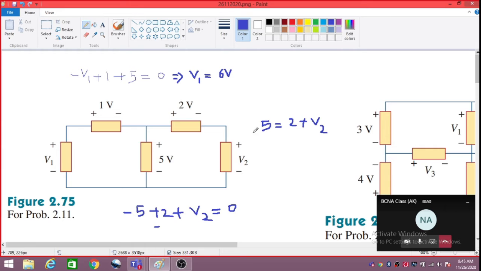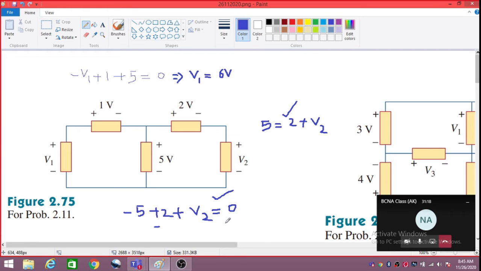I have made a convention that if I enter with the minus sign, I write minus, and if I enter with the positive sign, I write positive. This is the same way of writing this equation.